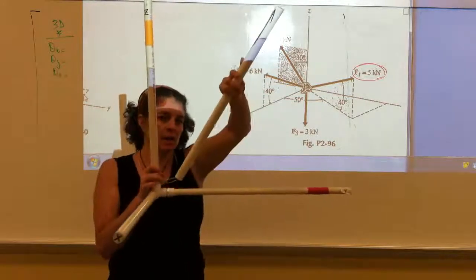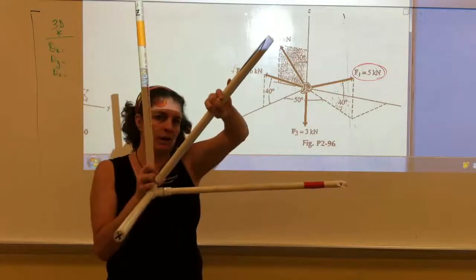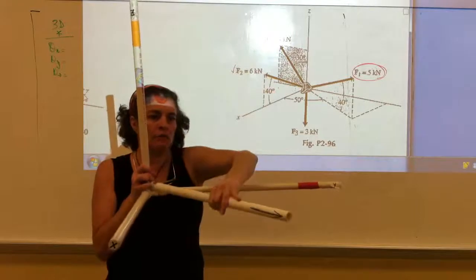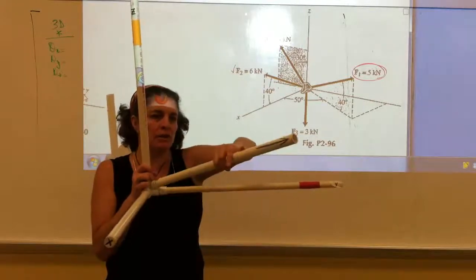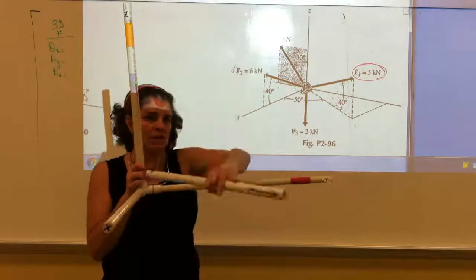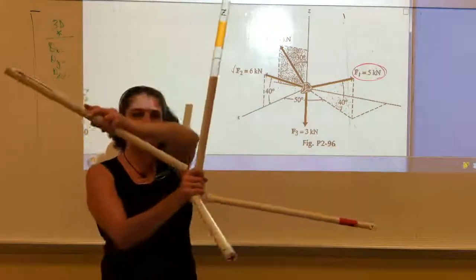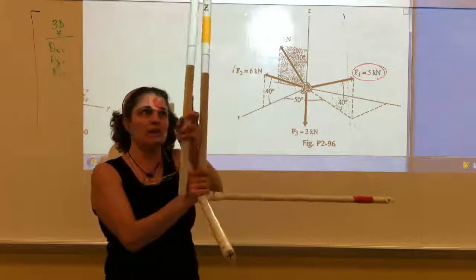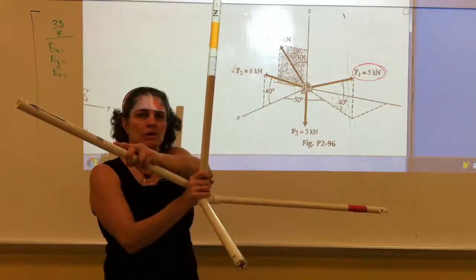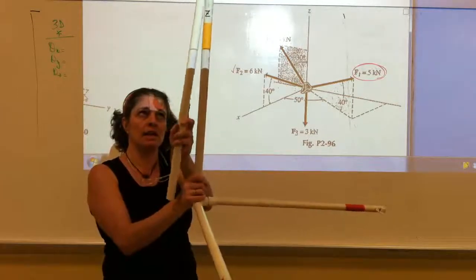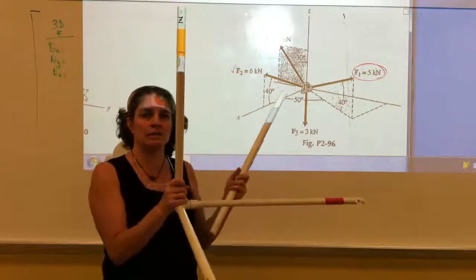Let me say that again. If we take the magnitude of this force and multiply it by the cosine of 40 degrees, I find the component of this force in this direction. If I have a force over here and I know theta z, I multiply this force times the cosine of theta z to find the component of the force along the z-axis.